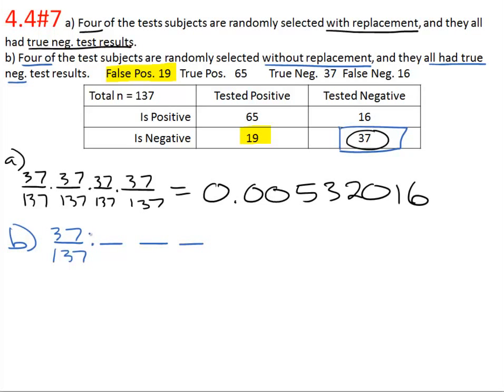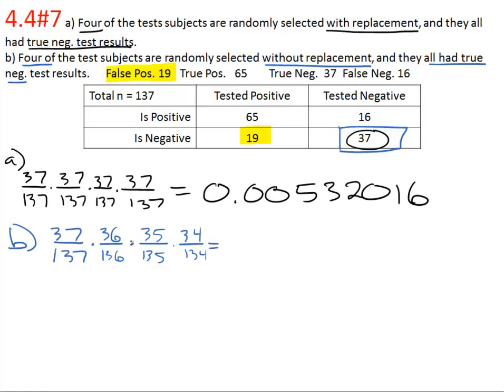But now that person's been chosen and set aside, so when we choose another person who also has to have a true negative, we now only have 36 good choices, because there's only 36 people remaining who had a true negative, out of 136 total. And then 35 out of 135, and finally 34 out of 134.